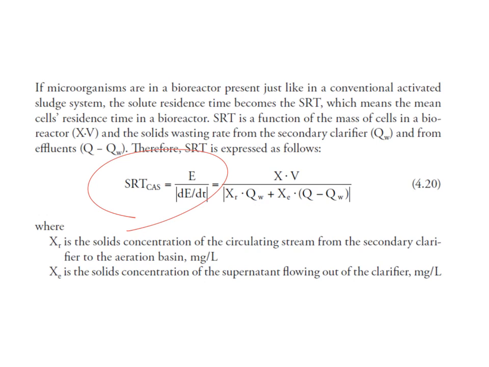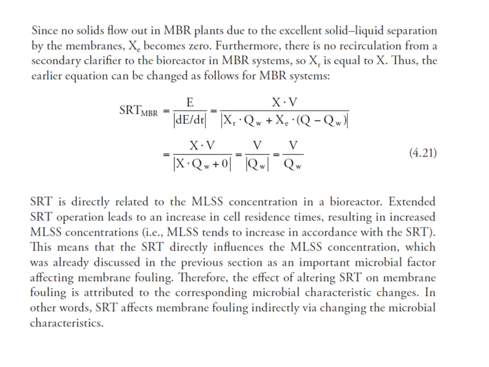Instead, we just assume that this is sludge residence time, and that's why I'm telling you that this is confusing. So anyway, here we are talking about the sludge residence time or mean cell residence time. So in such cases, we can define SRT something like that. And the previous equation is for the conventional activated sludge system.